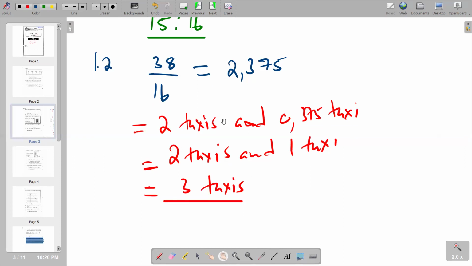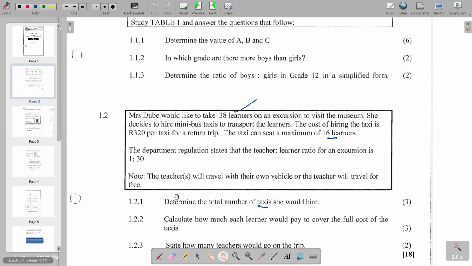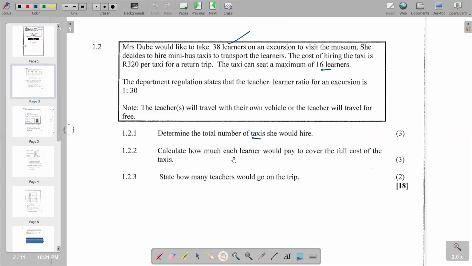So we move on to the next part of our question, which is now 1.2.2. Calculate how much each learner would pay to cover the full cost of the taxis. So we are going to try to find out the total cost needed.